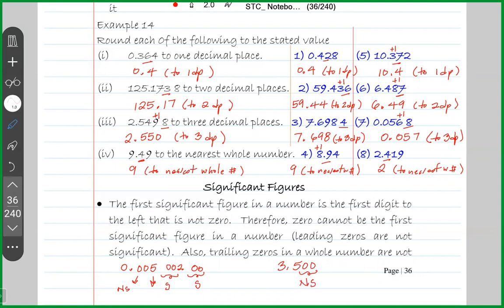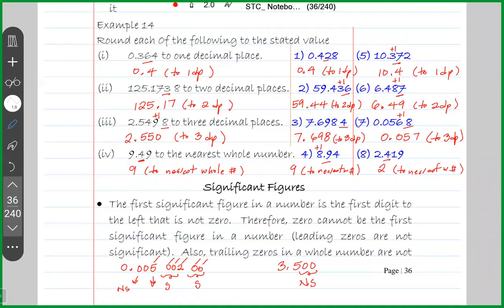So in the first number, 0.005002000, there are a total of 1, 2, 3, 4, 5, 6 significant figures. The 3 zeros at the front are not significant.